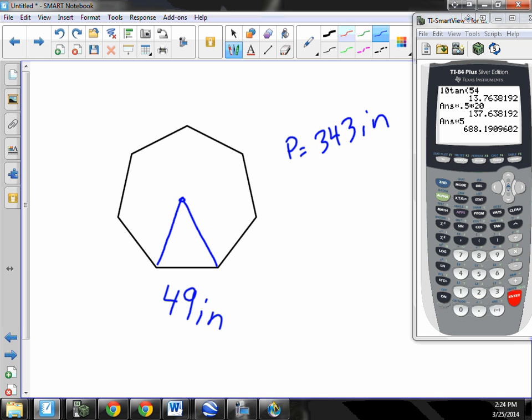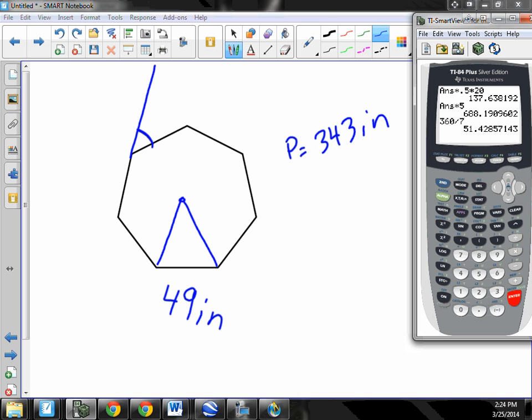So remind me again how to calculate the interior angle of a heptagon. 360 divided by 7 will tell me that angle. Okay, so 360 divided by 7, 51.42.